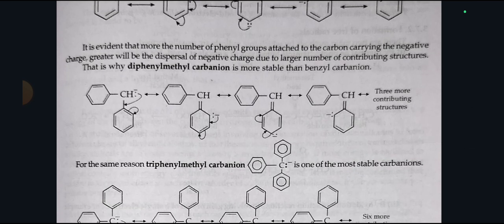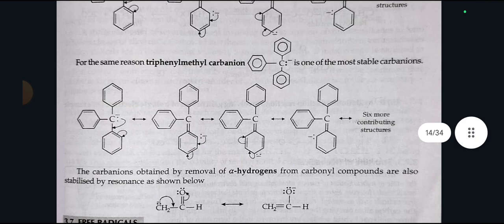It is evident that the more the number of phenyl groups attached to the carbon carrying the negative charge, the greater will be the dispersal of negative charge due to the large number of contributing structures. That is why diphenylmethyl carbanion is more stable than benzyl carbanion, with 3 more contributing structures.